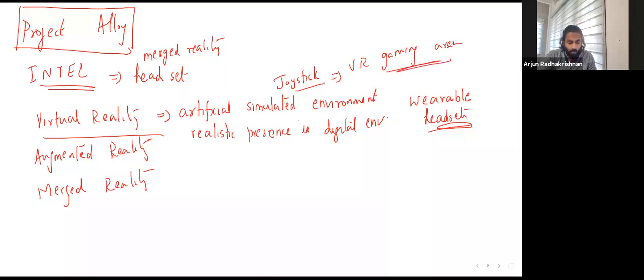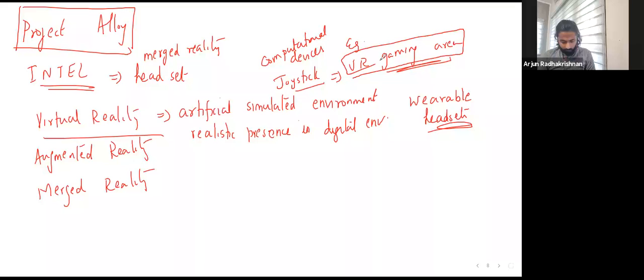If you go and play these games in malls, you will be inside the game and you will be controlling things using a joystick. So in certain cases, users can interact with the simulated environment by using computational devices like joysticks. Example, virtual reality gaming area.